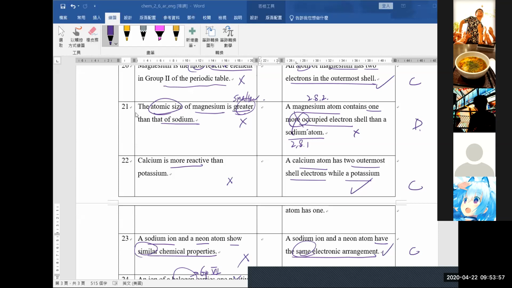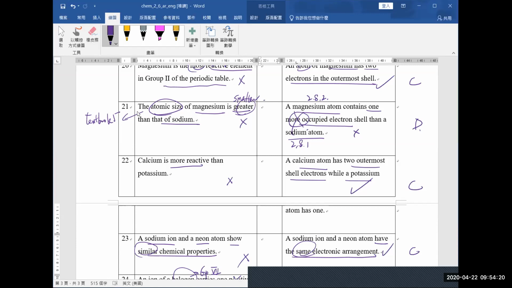Now, it is something a little bit out of the syllabus. It is something about textbook 5, the periodic pattern. You mentioned something about the effective nuclear charge. It's a bit out of the syllabus.